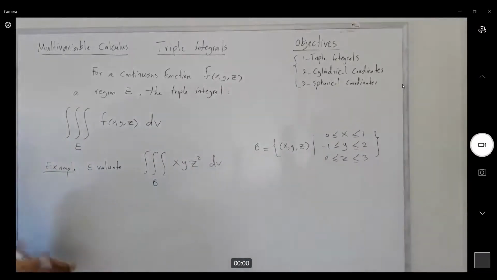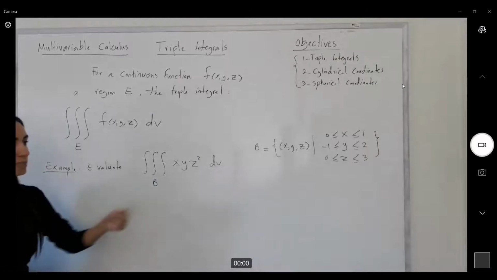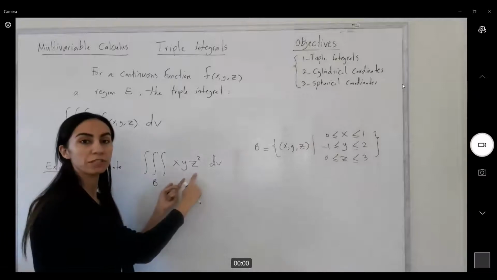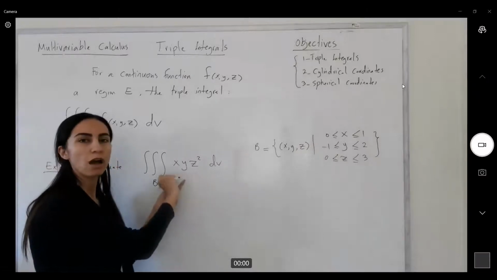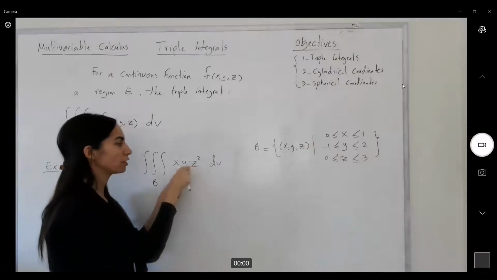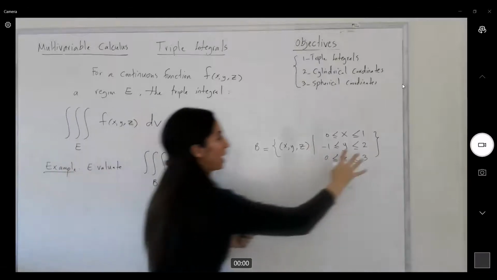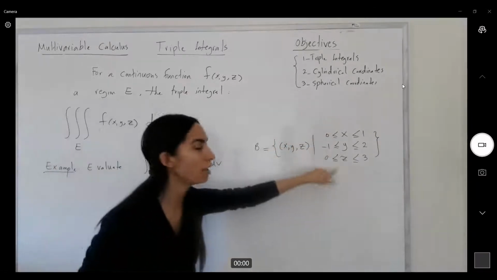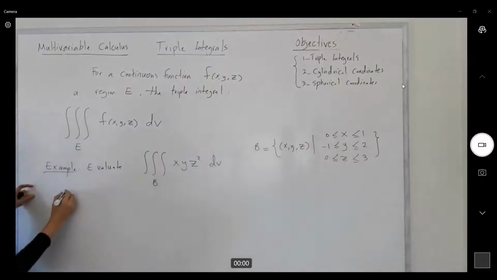The same as double integrals, since we have a nice function, the operations between x, y, and z squared are multiplications. There is no addition, there is no subtraction, so they are not attached together, and the integral boundaries are all constants.